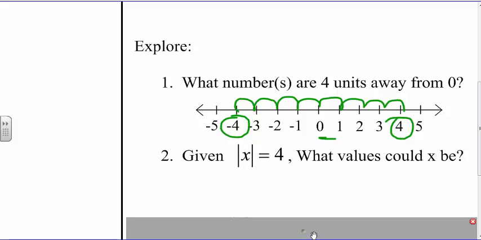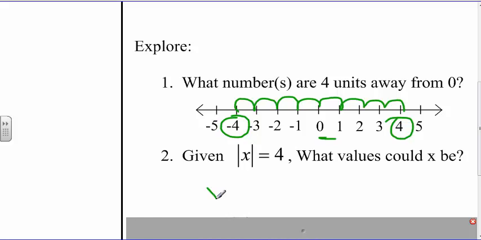Given the absolute value of x is equal to 4, which means the distance from x and 0 is 4 units, what values could x be? Number 2 is asking the exact same thing as number 1, just using the absolute value symbol.